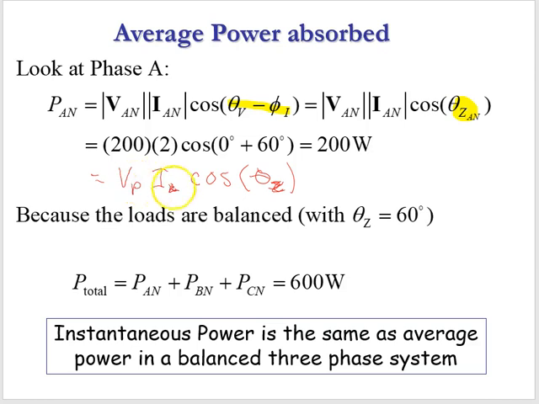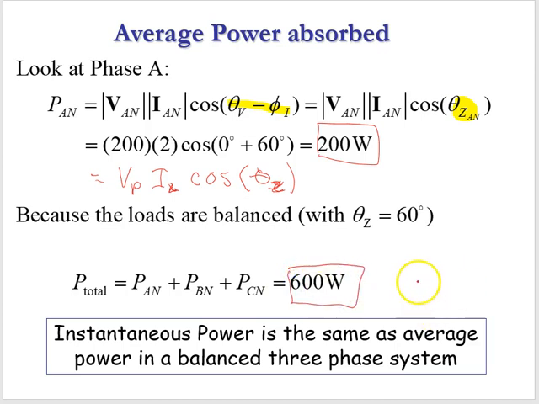The phase voltage is the same, the line current is the same, and the phase angle of our impedance is the same. So because everything is balanced, PAN is equal to PBN is equal to PCN, and they're all equal to that 200. So our total is going to be 3 times that, or 600 watts.